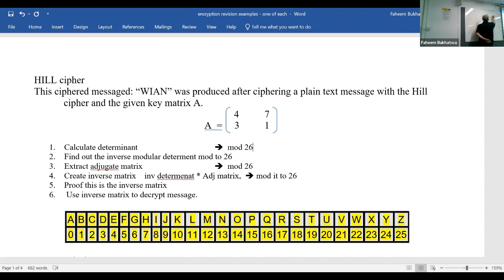We're looking for equals 1. If the remainder is 1, that's the one we're looking for. 5 times 3 is 15. Mod 26, still 15. So that's no good. 5 times 5 is 25. Mod 26, what's 25 mod 26? 25. That's no good. Until you find the remainder is 1.